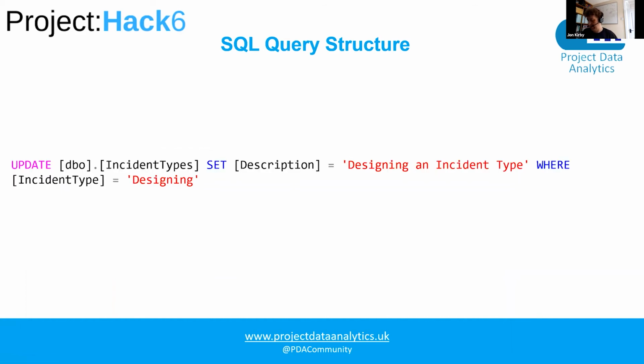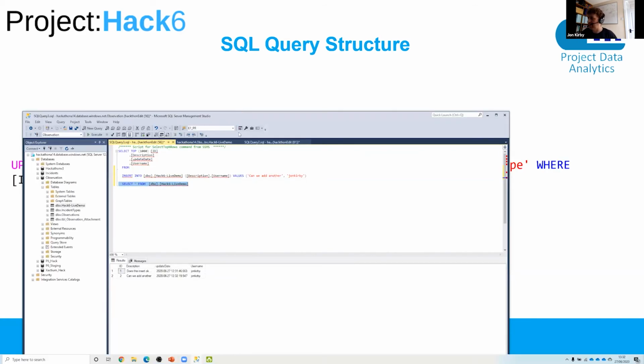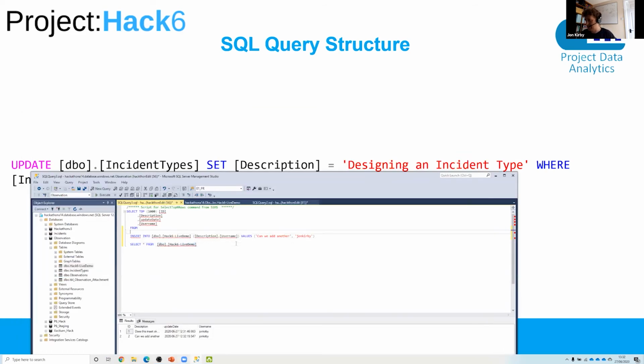I'll do a quick update. So let's say I got something wrong there. Let's grab the table name again, update. We're going to update this table, setting username. Let's say I changed my username to Jon Kirby 2.